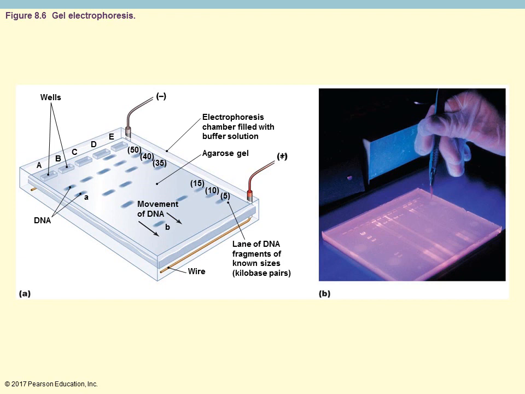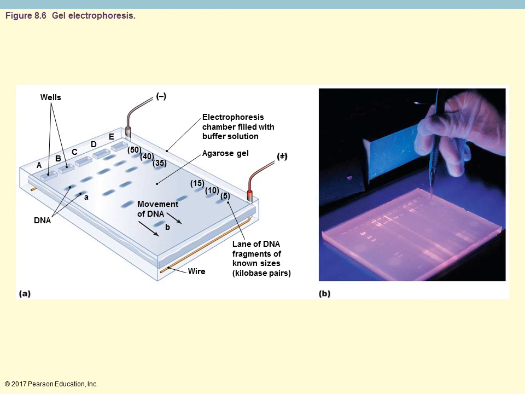So the smaller ones move fastest. And then your samples that are placed in the other wells, you get different banding patterns, and you can line them up to get a relative idea of how large each of those fragments are. Oh, this one matches up right with 15. Okay, then this fragment must be about 15 kilobase pairs.